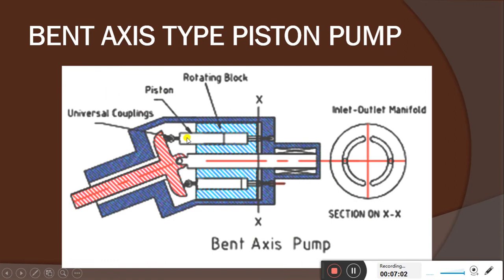This is the piston which is reciprocating inside the slots provided in the rotating block. Then the universal coupling is used to join the driving shaft at an angle to the pistons. Similarly, half portion is inlet, half portion is delivery.